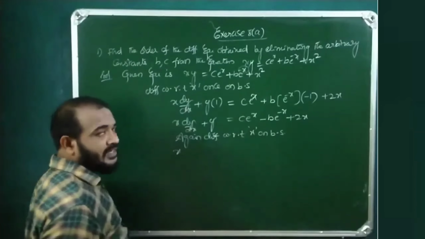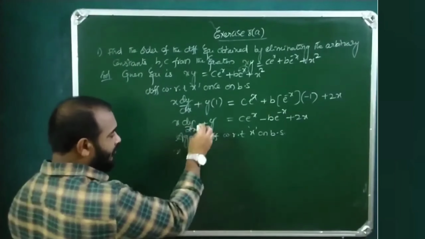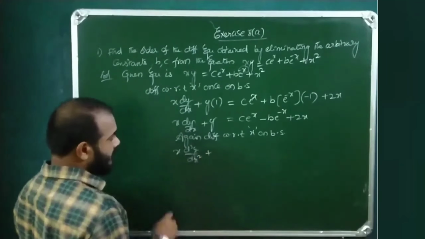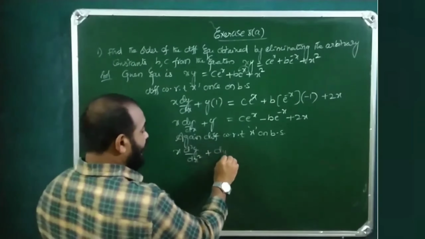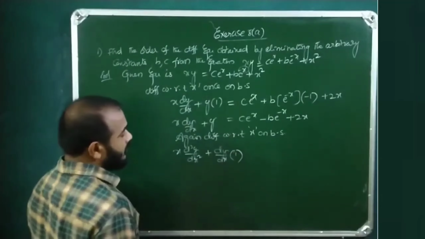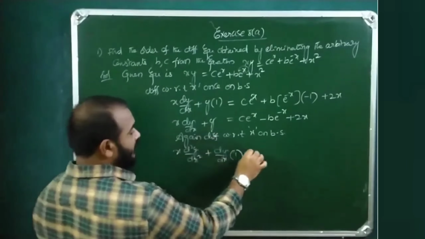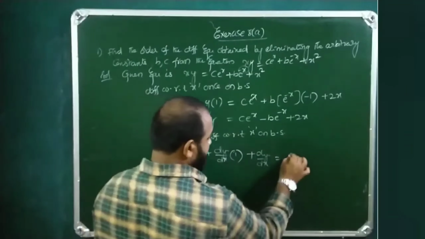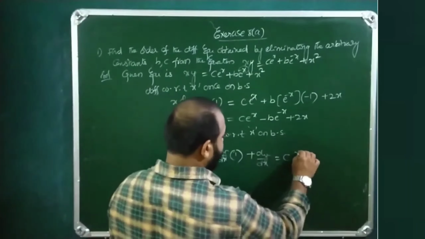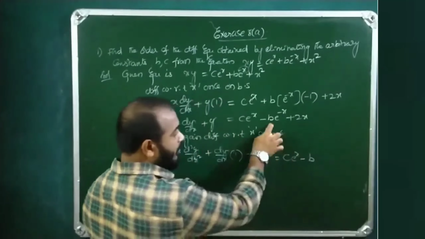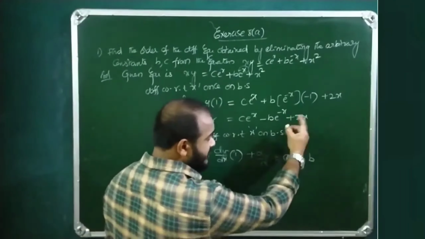If you differentiate it again, the derivative of dy/dx is d^2y/dx^2, plus uv' + vu': dy/dx into d/dx of x, which is 1, plus d/dx of y, which is dy/dx, equals c e^x, whose derivative is itself, minus b into d/dx of e^(-x), which is -e^(-x).